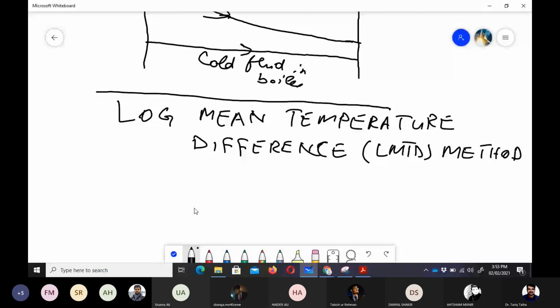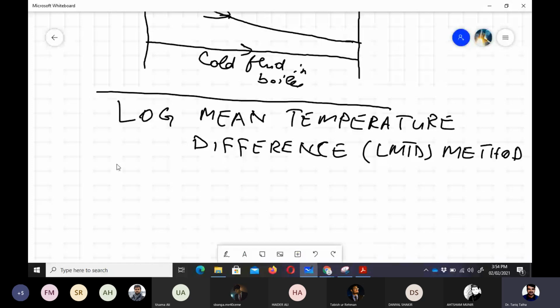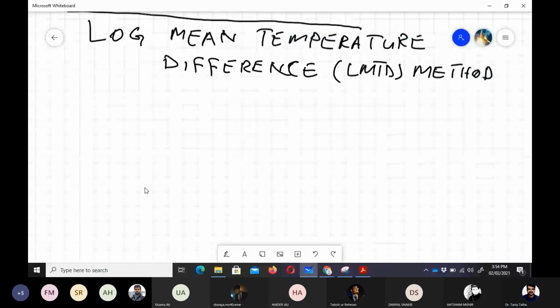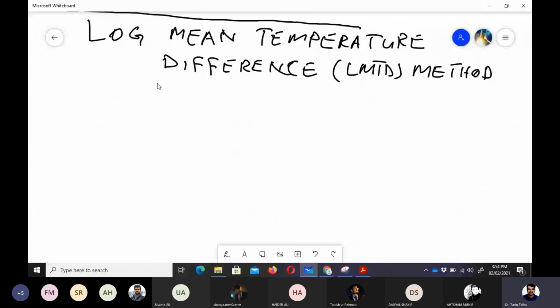Now, here we need to determine the size of heat exchangers, and we are given the input and output temperatures of the hot and cold fluid.